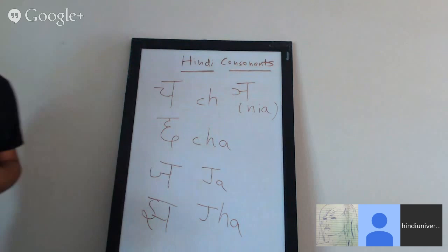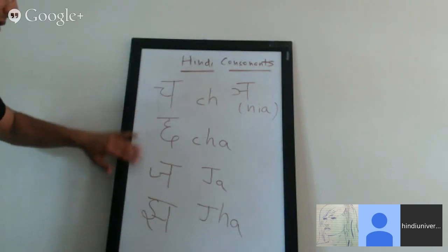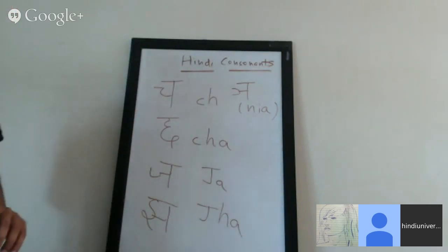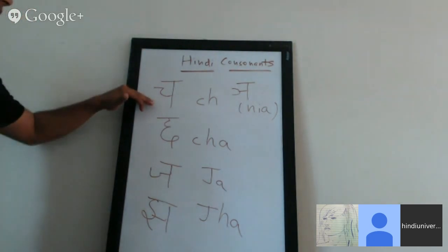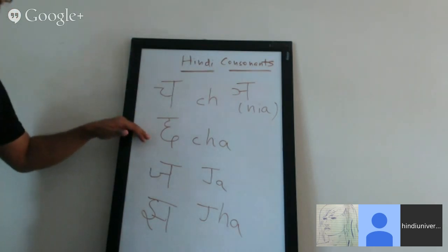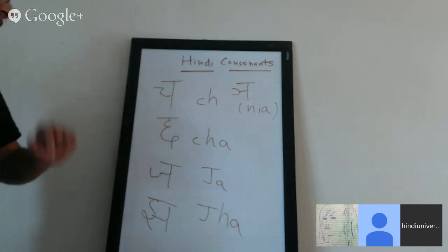Most of the time in today's class we'll be spending on learning about the four consonants: ch, ch, j, and j. Similar to last time, I hope you can still follow the concept, that this is the unaspirated version and this is the aspirated version. When I say aspirated version, that means you feel the flow of air when you're saying the consonant.